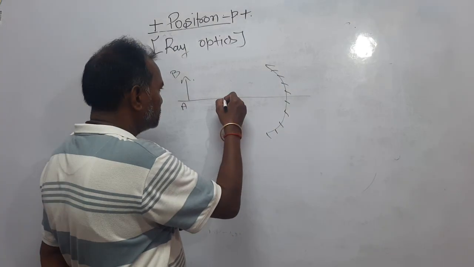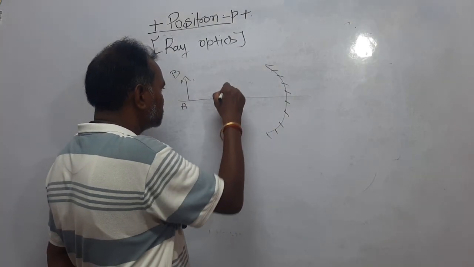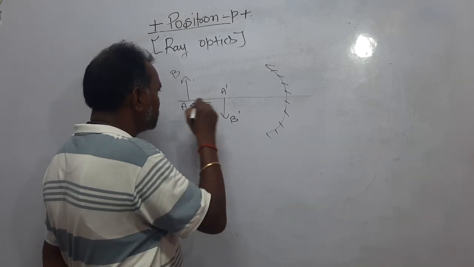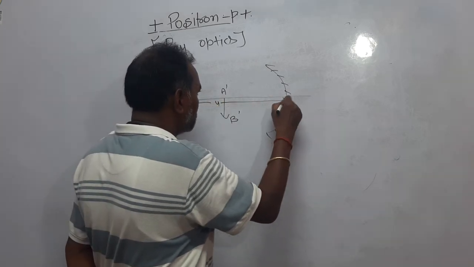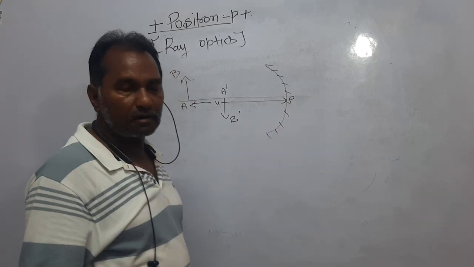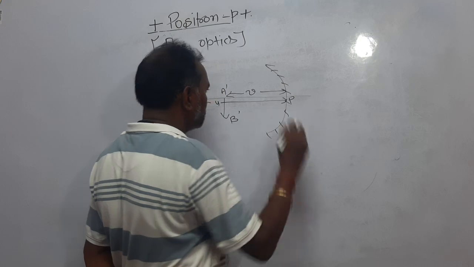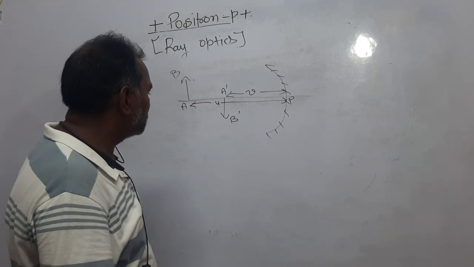The image was like so. It was the A dash B dash, right? Distance of object was expressed by U from the pole, and distance of image was expressed in terms of V. Dear student, look here.